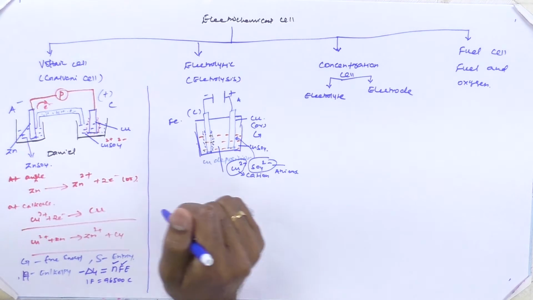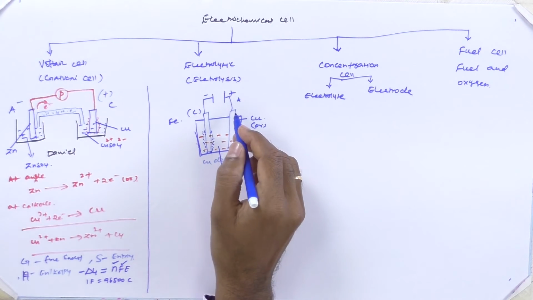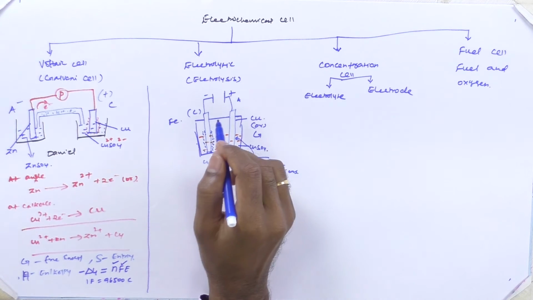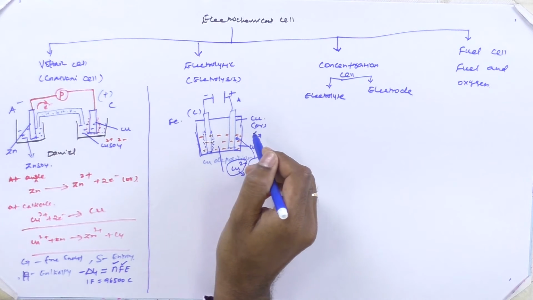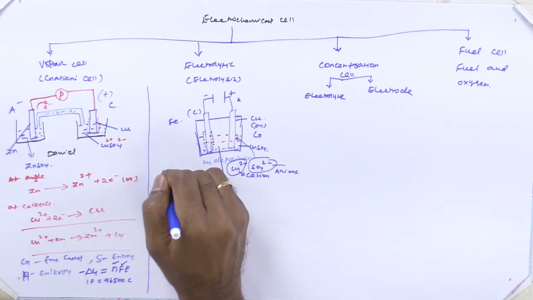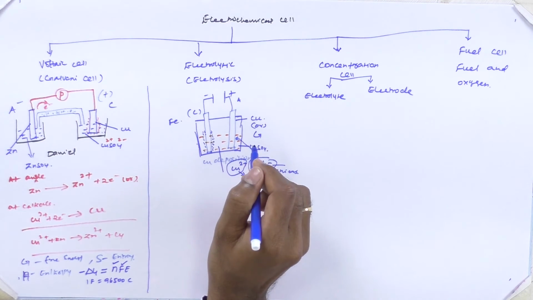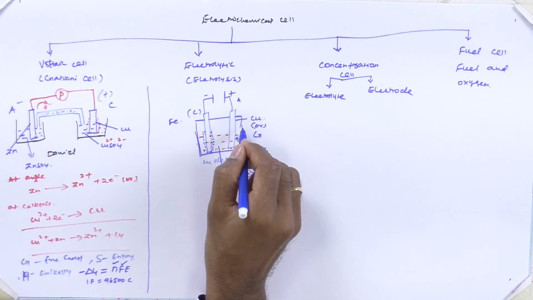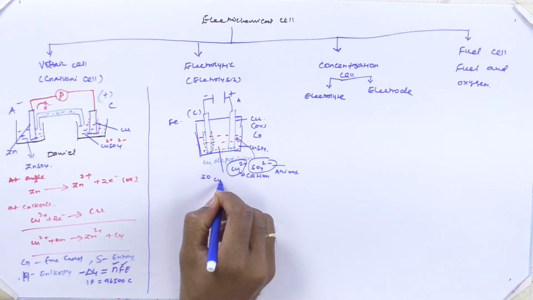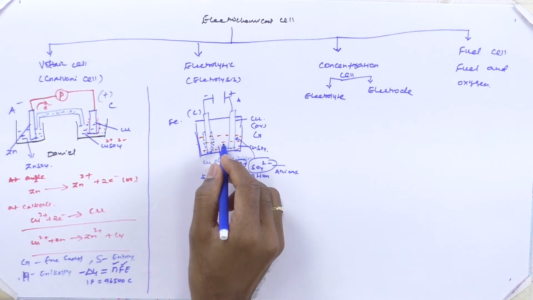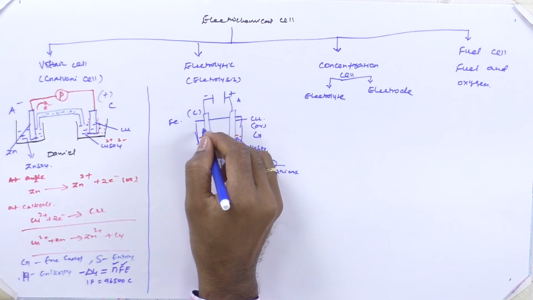And one more piece of information about this process: as I mentioned earlier, you can use copper as the anode, or if we want to bring down the operating cost, we can go for graphite also. If you use copper, what happens? Say, for example, let us consider 50 Cu2+ ions transferred from the solution to the cathode compartment.